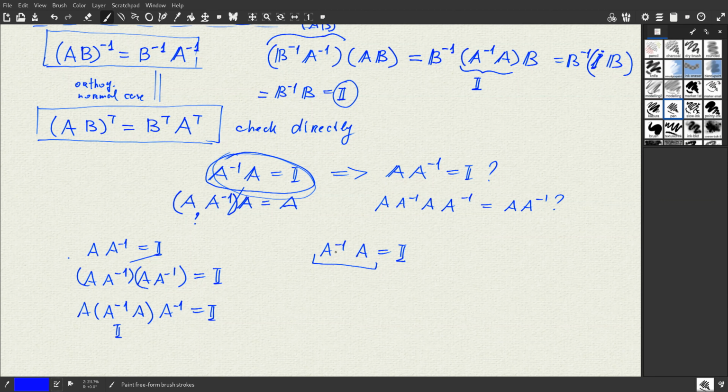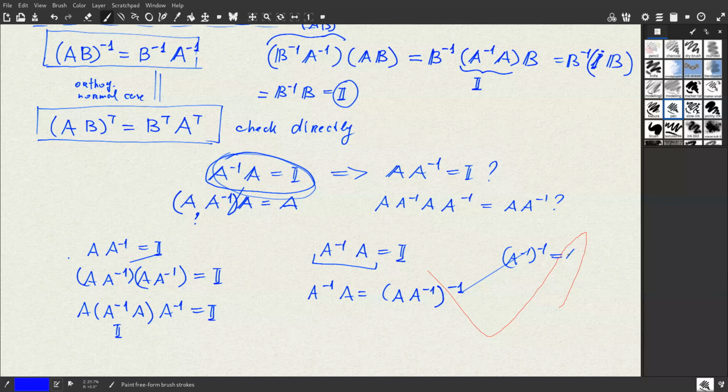Therefore, what we can say is that A minus 1 A equals A minus 1 inverted, because indeed it would be A inverted, inverted, and obviously A minus 1 is A itself.